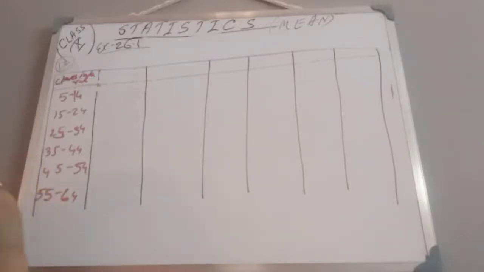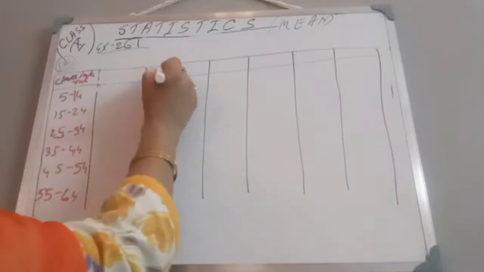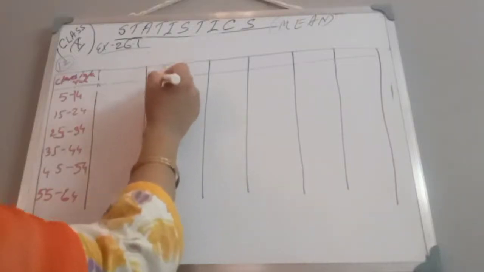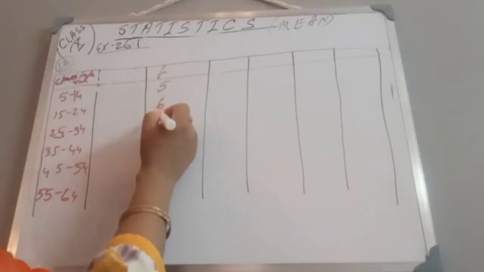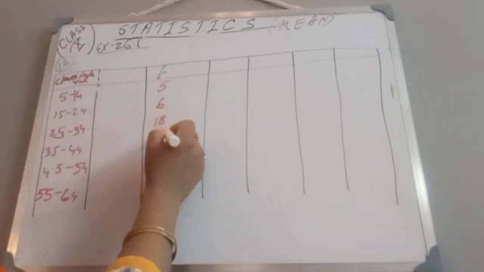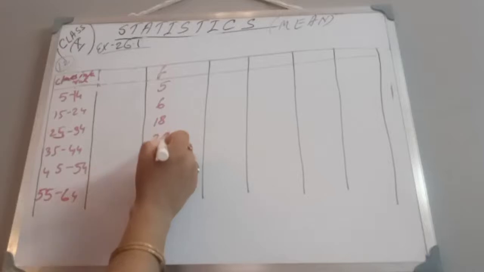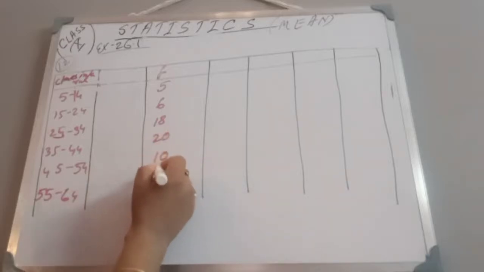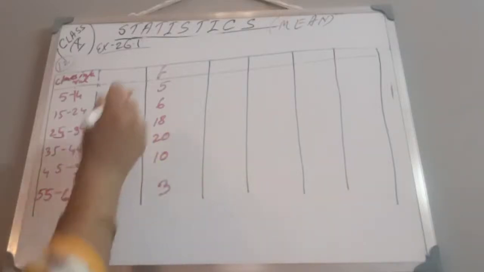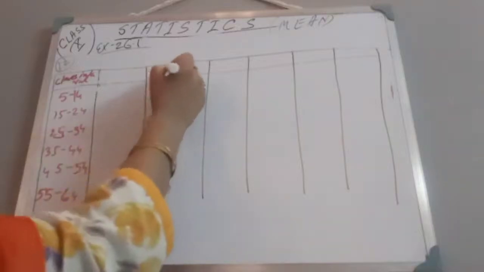And the frequency is given. Let us write this column. Frequency is given as 5, then 6, then 18, then 20, next 10, next 3. These are the frequencies given to us.